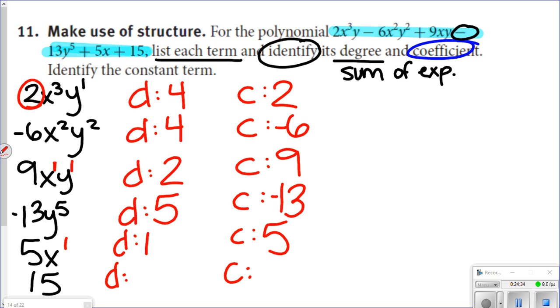And then I'm going to erase this and just write constant term. So the last one, it doesn't really have a degree, it doesn't really have a coefficient. We're just going to say that 15 is the constant term. All right.